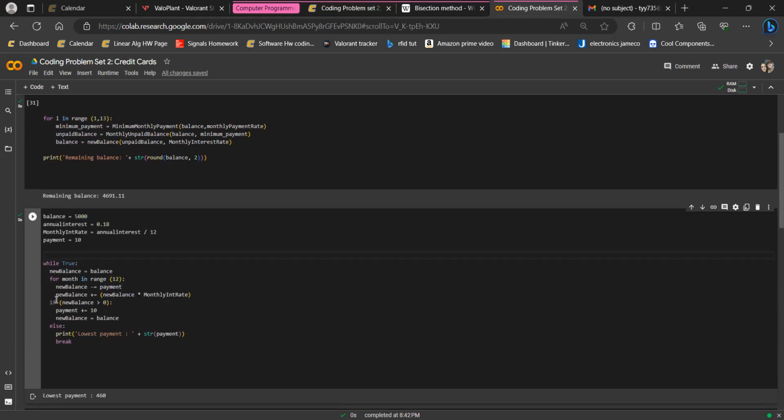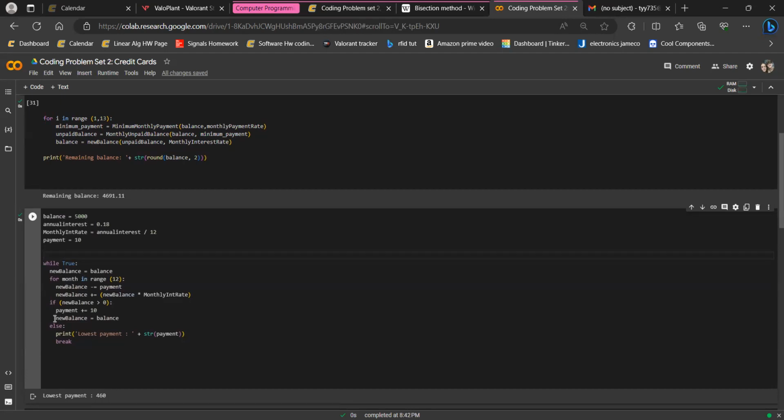And then we're going to say that if new balance is greater than 0 for that month that we iterated through, increase the payment by 10. So then it'd be 20 the next go around.